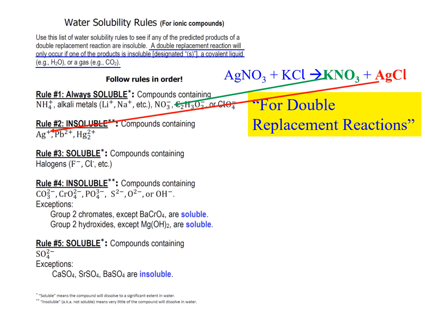So the silver chloride will not dissolve in water. It's insoluble. So you don't write AQ. It will actually turn into a solid precipitate. We're going to write S for solid. So this double replacement reaction will occur because one of the products is insoluble.